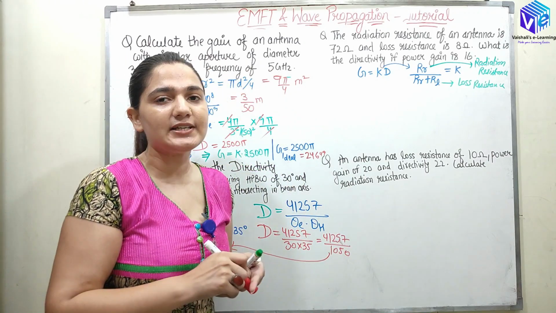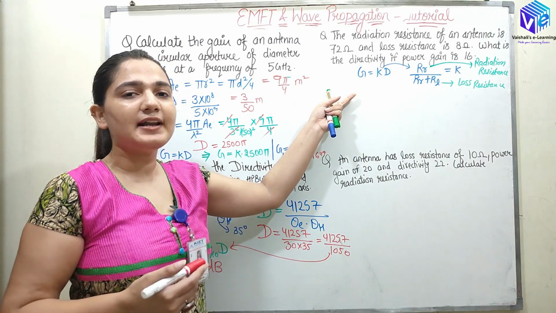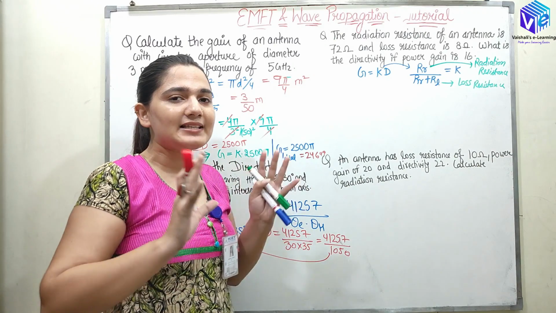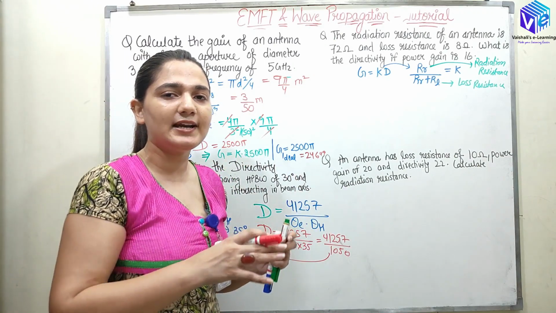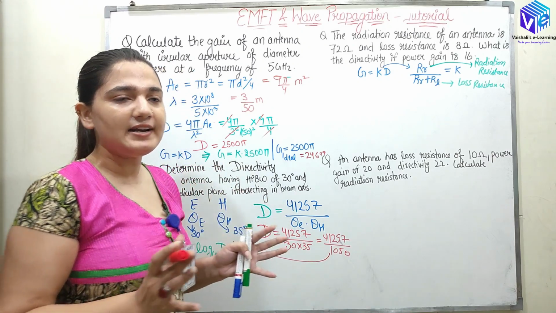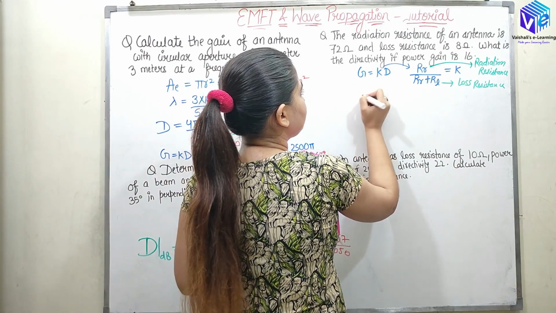If you know what is the exact formula which we have to use, you can easily find out the parameters which are required. So nothing extra mathematical computations are required. We just need to put data, we just need to use a formula, and we just need to find out the answer.